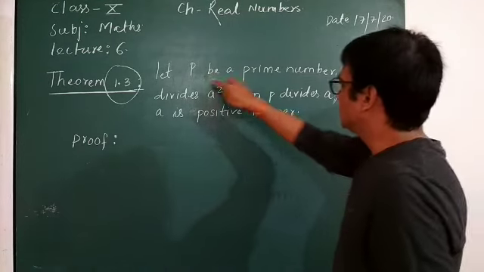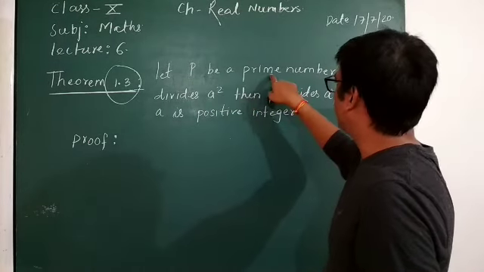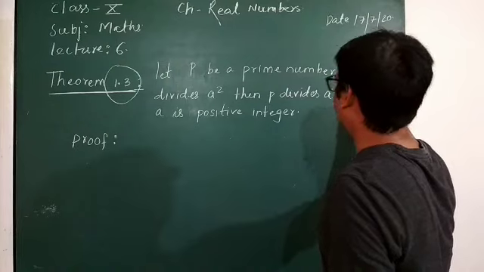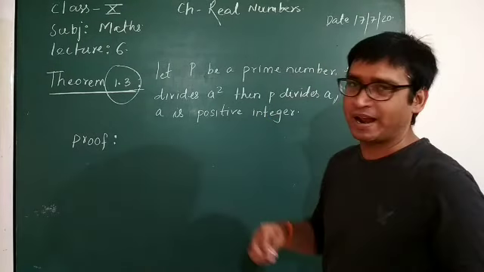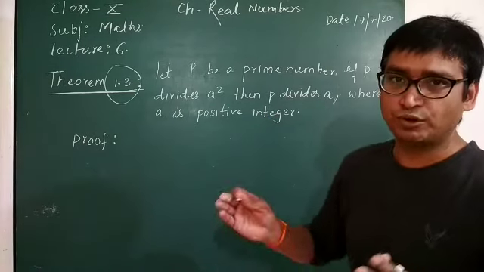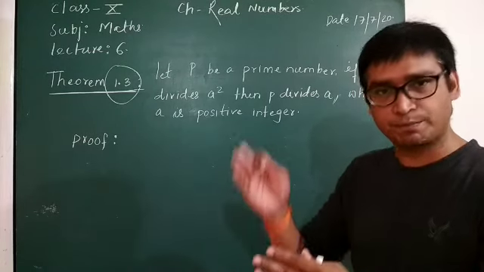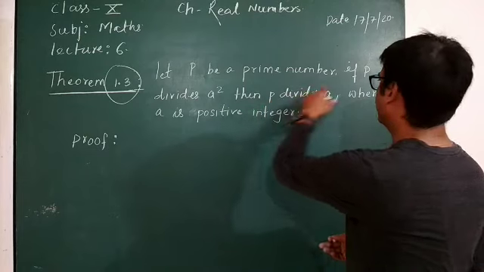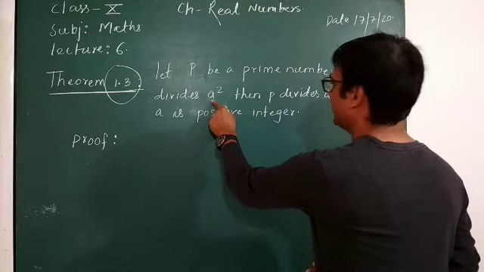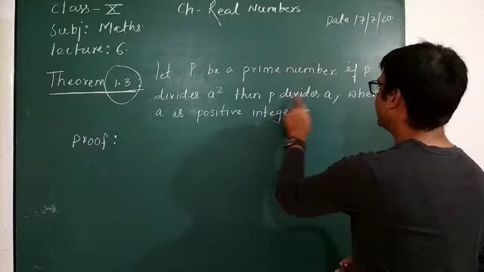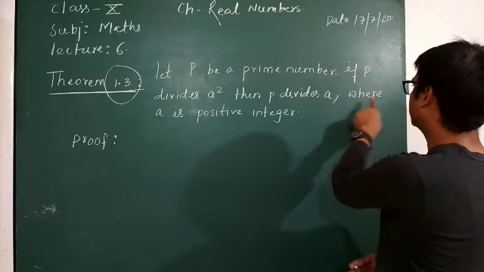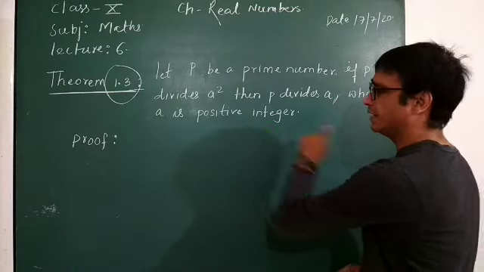This is given. Prime factorization you know, so by this way you can find out the prime numbers or prime factorization. So it says that if P divides A square, then P divides A also, where A is a positive integer.